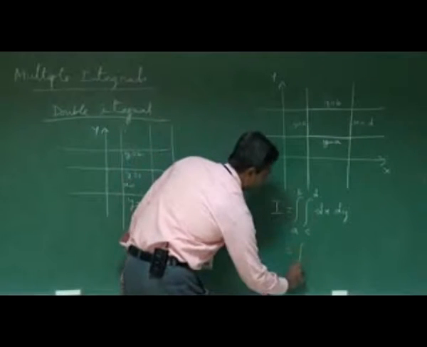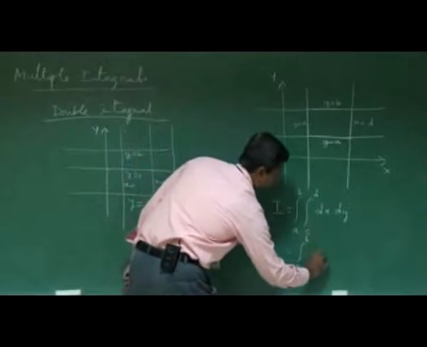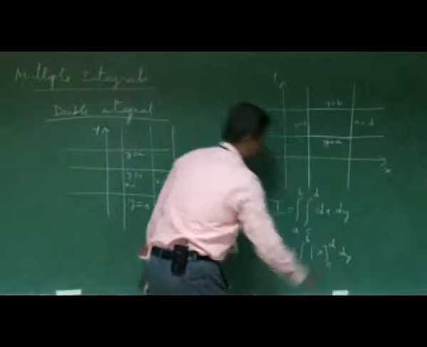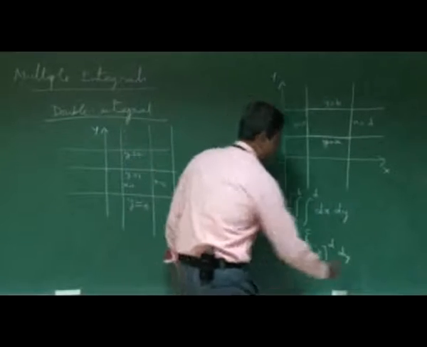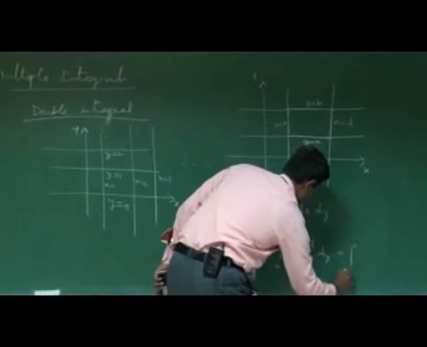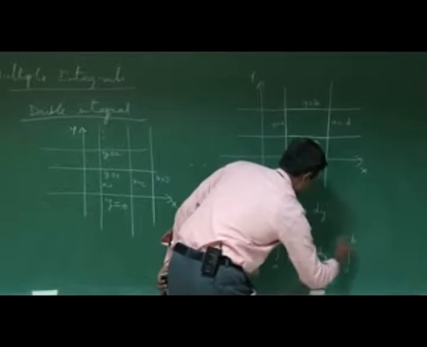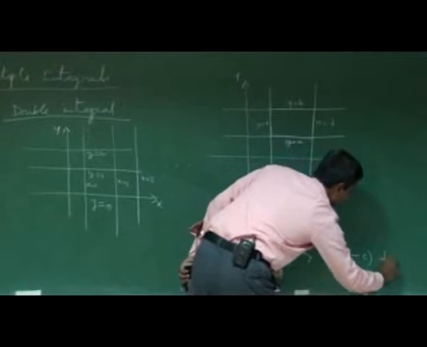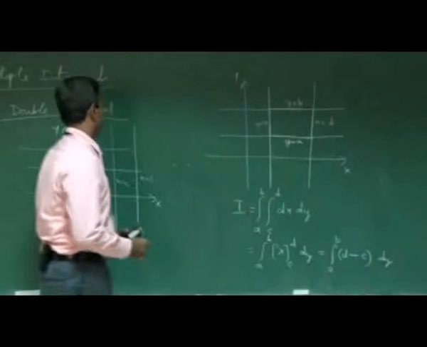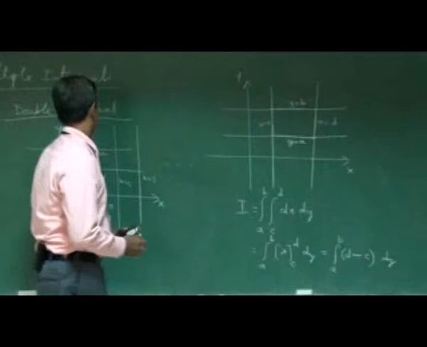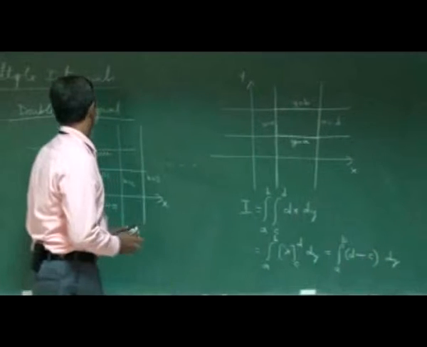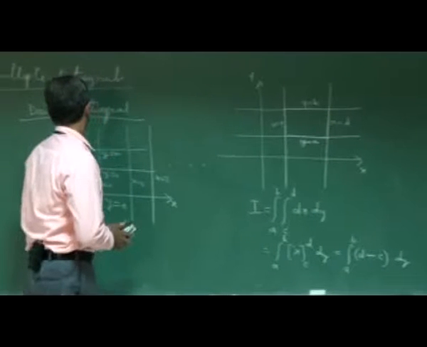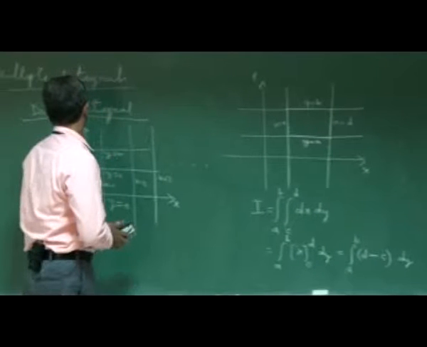And now first we take the integration for x, where the limit varies from c to d, and dy. And we apply the upper limit for x, and then (d minus c) into dy, and that is equal to the integral from a to b of (d minus c) dy.